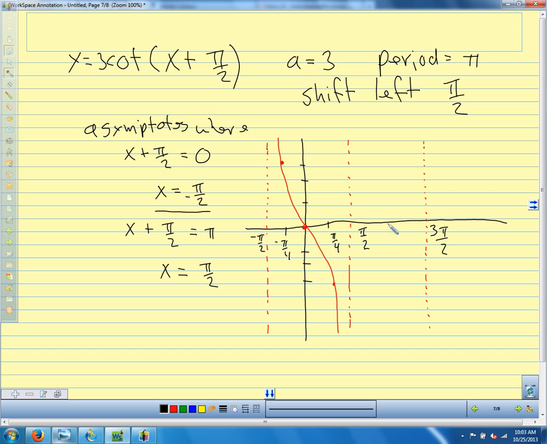And then let's figure out the middle: what's halfway between pi over 2 and 3 pi over 2? Pi. And then halfway in between those two, I'm going to get a point up here at 3, and a point down here at negative 3.